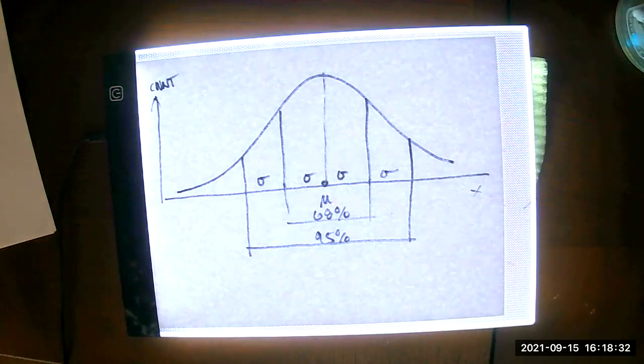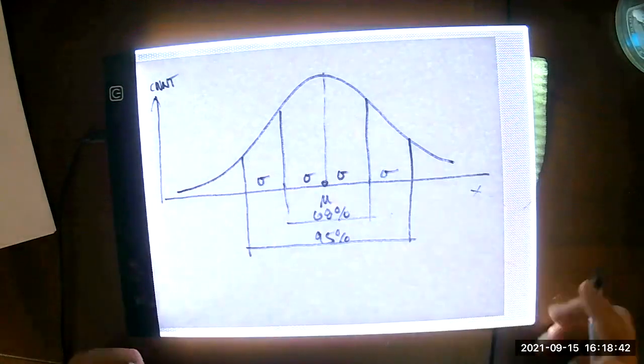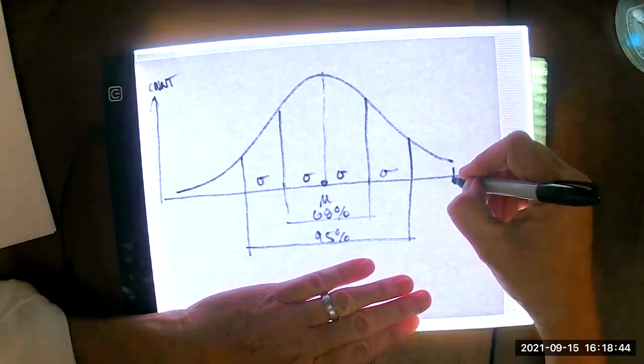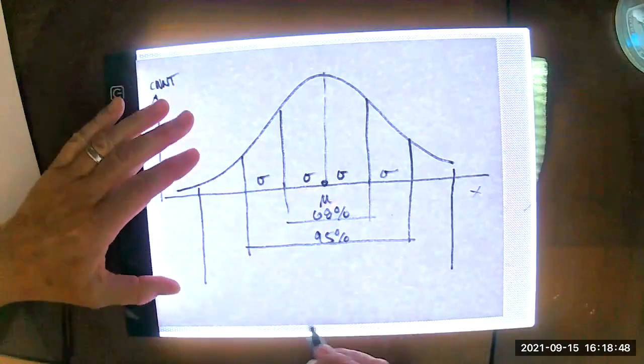If I go 1 more standard deviation each way, so now it's plus or minus 2, 95% of my data values are going to fall within this range. And a third.